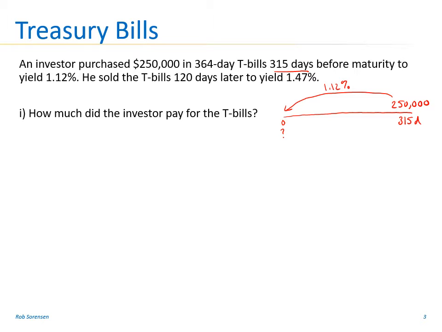So the price that the investor paid is going to be $250,000 brought back at our rate for 315 days.